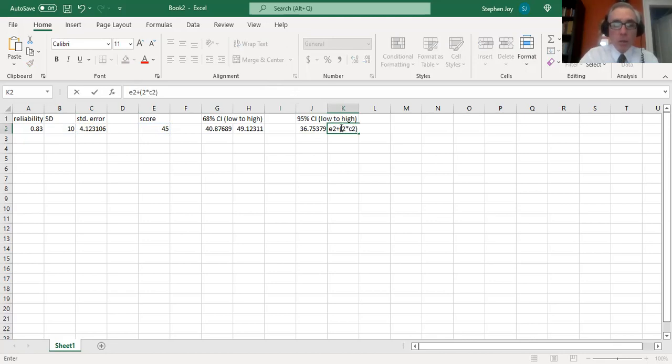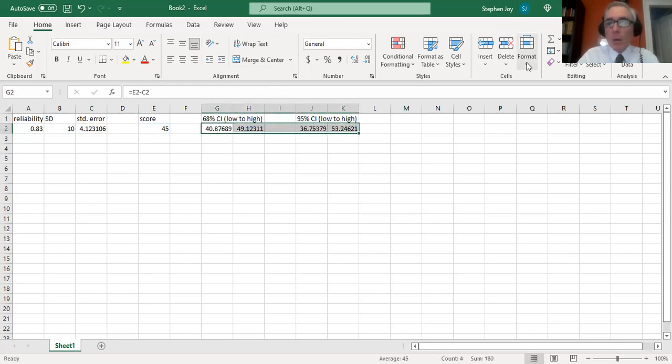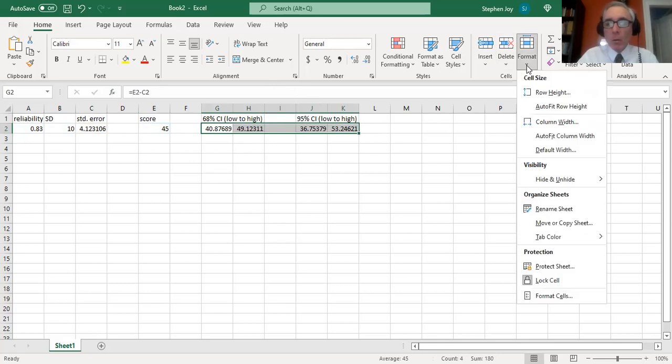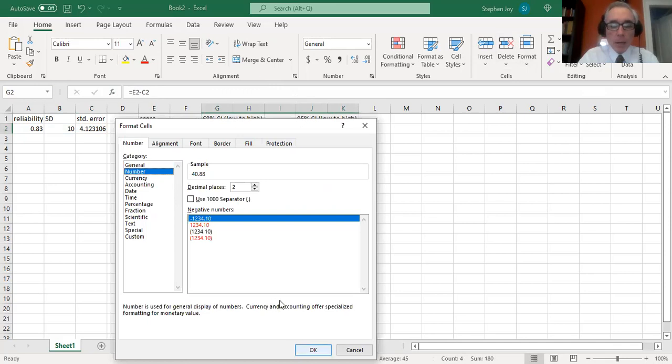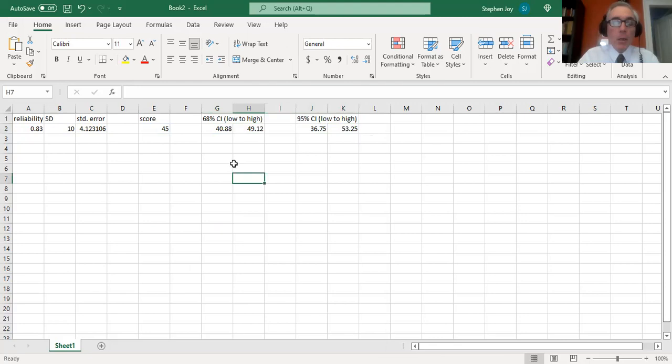Notice what I'm doing in each case is simply going in and naming the cells I'm concerned with. And formatting, by the way, you don't want to go 5 places to the right of the decimal, so let's just format the cells to number format. 2 places to the right of the decimal should be fine.